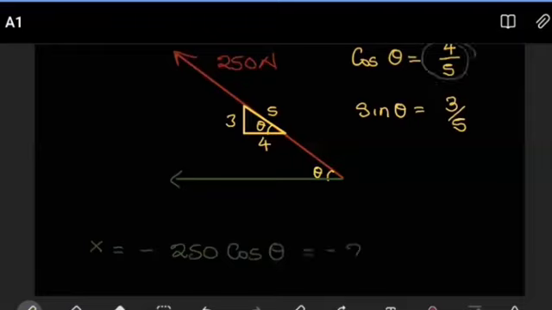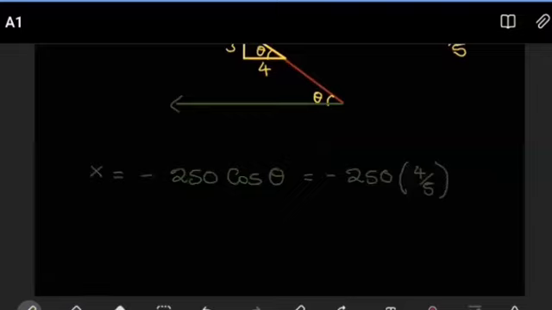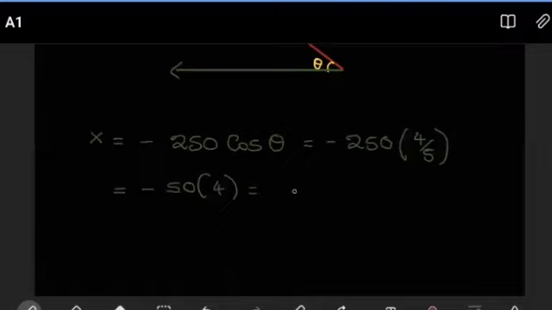So this is minus 250 times 4 over 5. So this becomes minus 5 into 250, that's 50, multiplying 4, that's 200. You can easily verify what I'm doing here with a calculator.